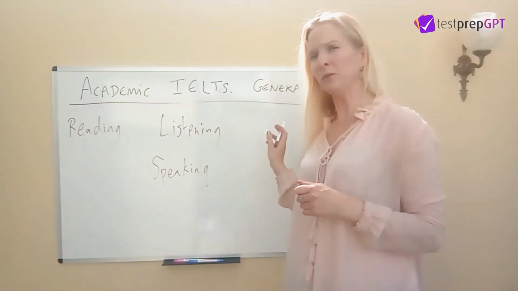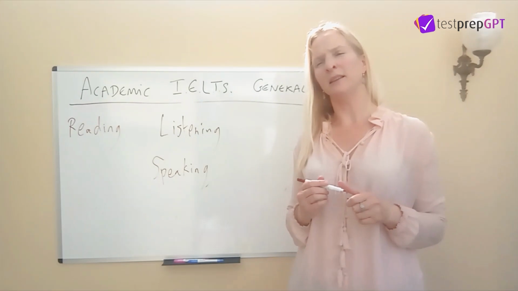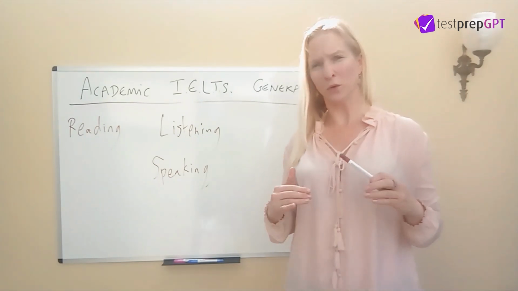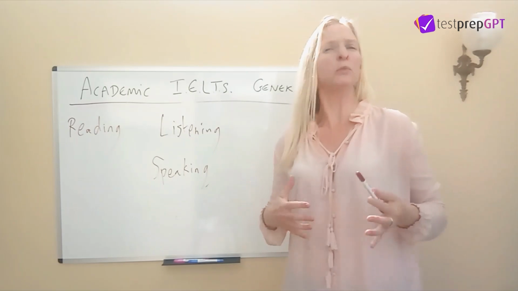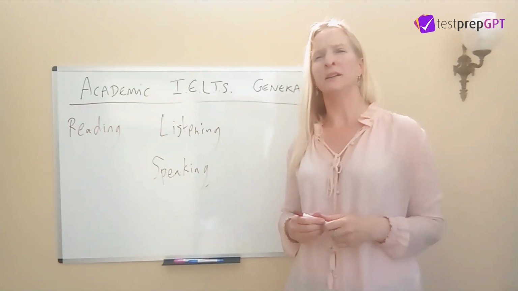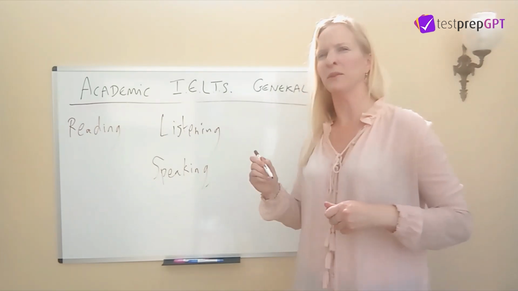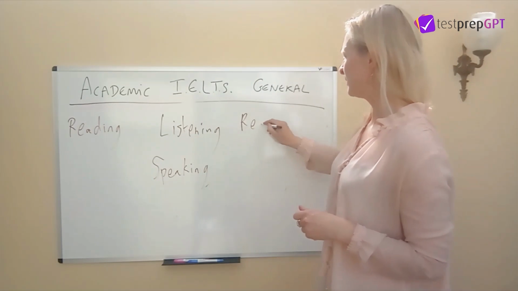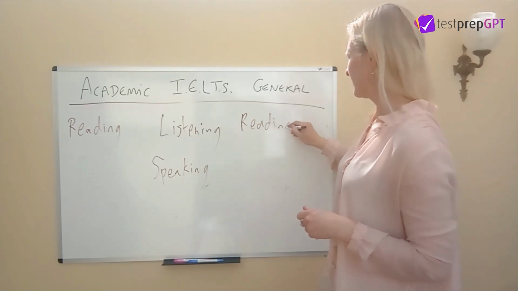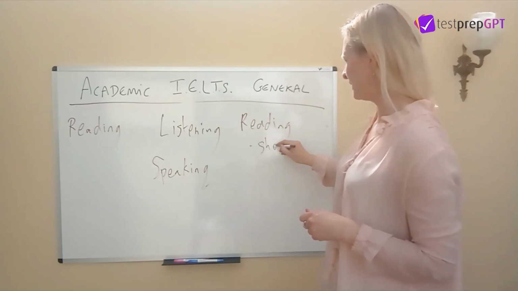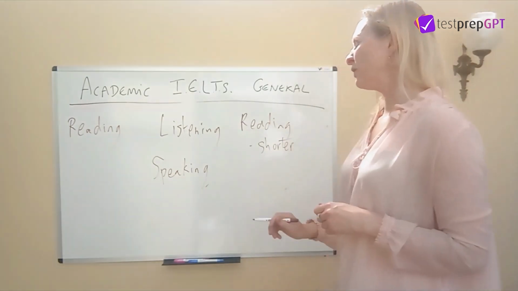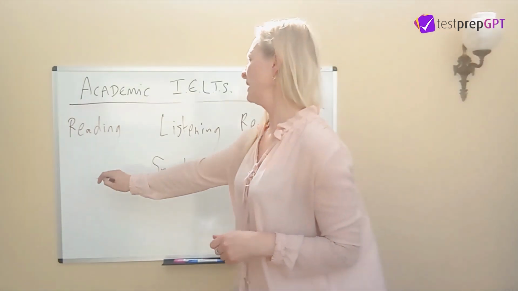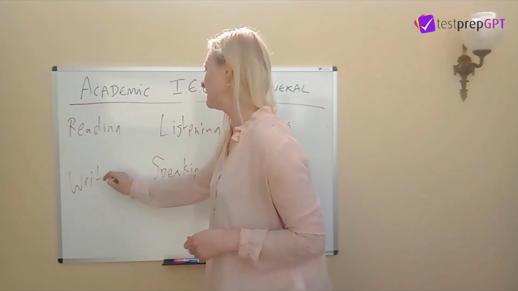Whereas in the general reading, you'll find that the reading texts are shorter, and they're also taken from daily life, like brochures or travel blogs, that sort of thing. So the reading in general tends to be shorter and easier.